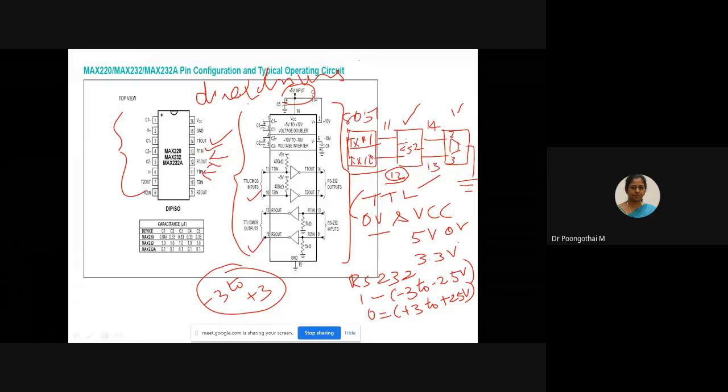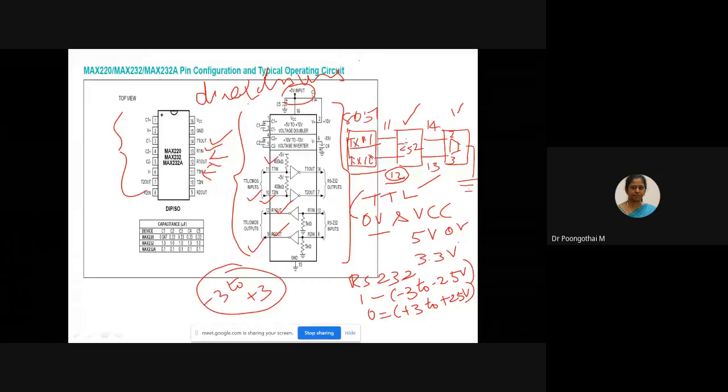The line drivers used for TXD are called T1 and T2, please look here, and for RXD, R1 and R2. So here T1 and R1 are used together for the TXD and RXD of the 8051. The second set, that is the T2 and R2 set, is left unused.